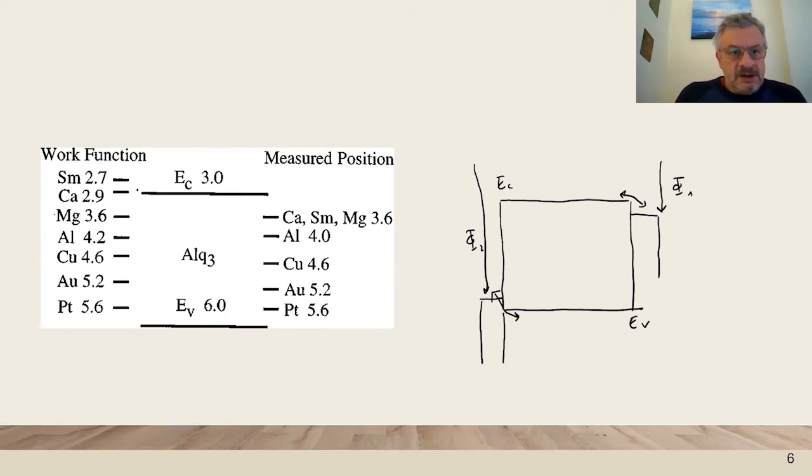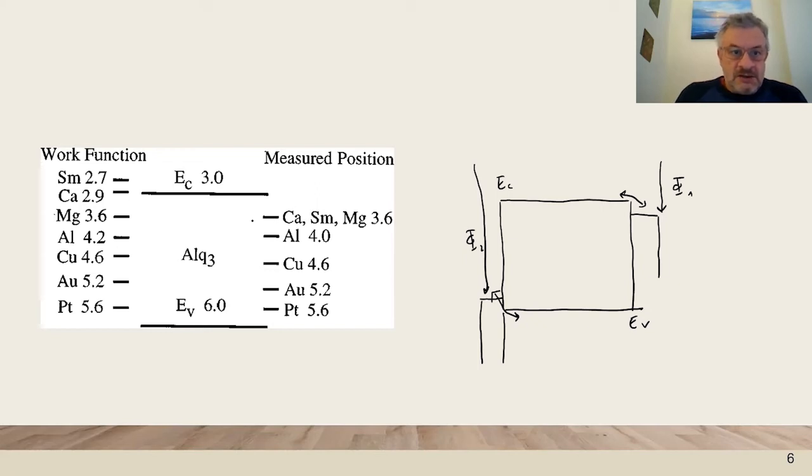Here is an example of Alq3 that shows the alignment with different metals that can operate as contacts. But we have to remember that when the material is applied to the semiconductor, there can be formed a dipole layer modifying the position.